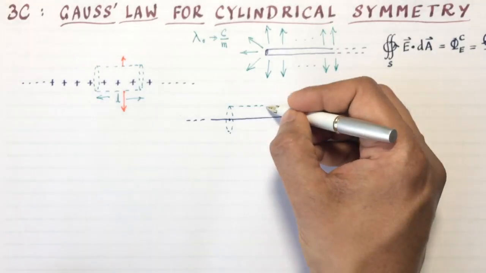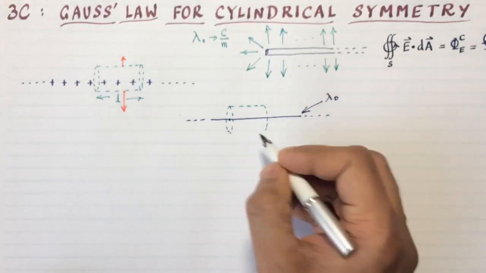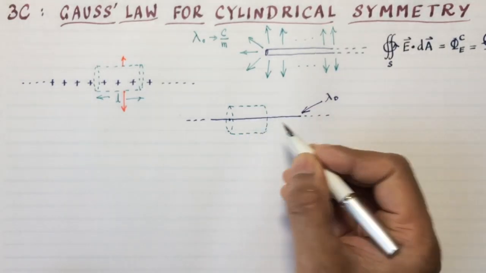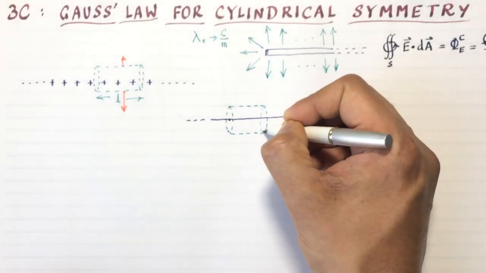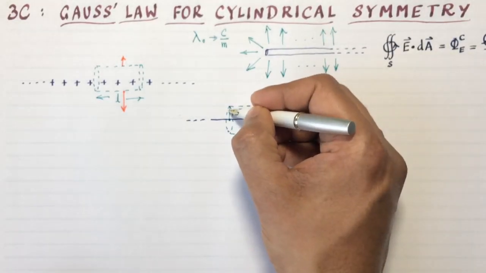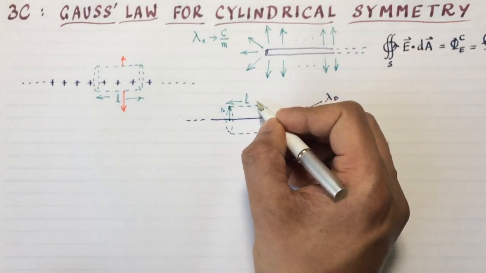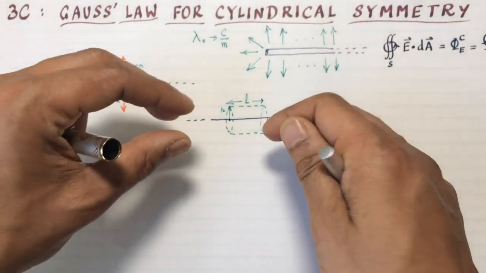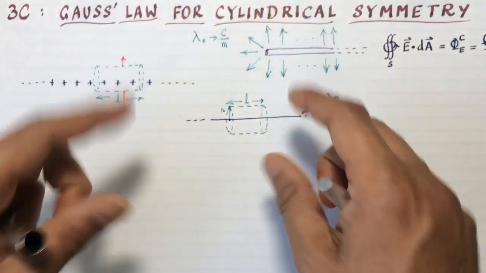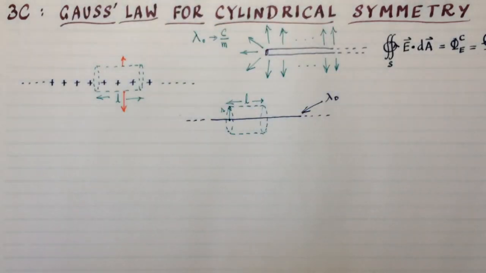Now Gaussian surfaces are imaginary surfaces, so you don't have to get too hung up about their dimensions as long as you tell everyone what it is. So radius r and the length L. So what we're going to do is let the radius r expand to infinity while keeping length L fixed.